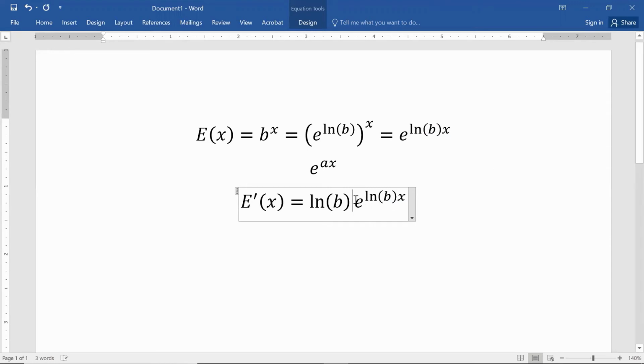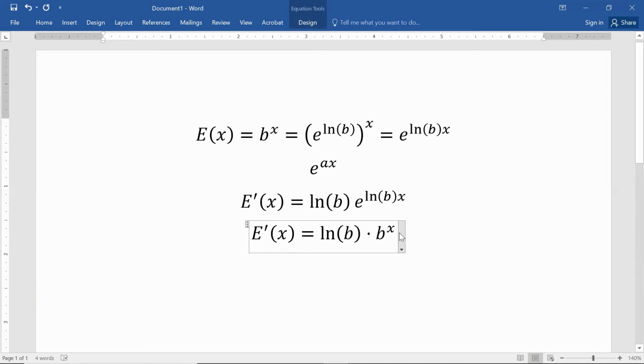We just saw that e to the natural log of b to the x is the same thing as just b to the x. So if you want, you can rewrite this derivative as natural log of b multiplied times b to the x power.